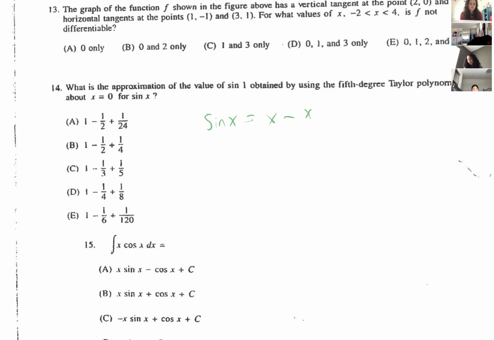Since we already know what sine x equals, I can use that. So it's going to be x cubed over 3 factorial plus x to the fifth over 5 factorial. This is the fifth degree Taylor polynomial. So sine of 1 just means I'm going to plug in 1 everywhere I see an x.